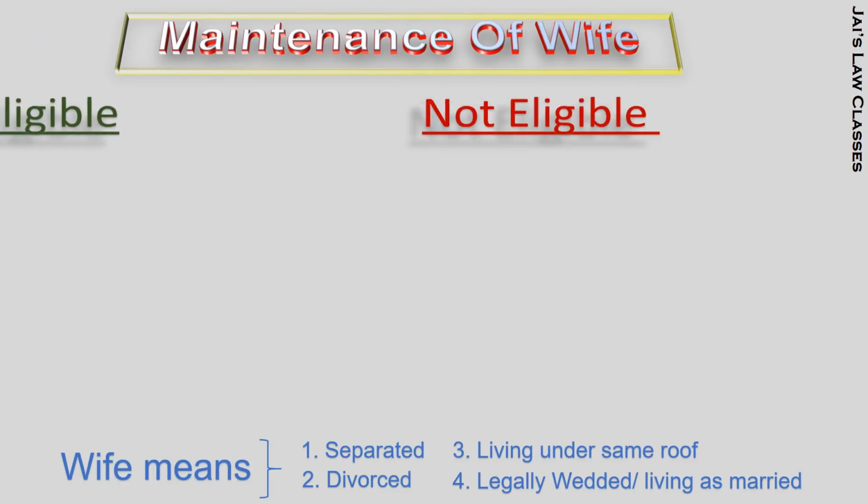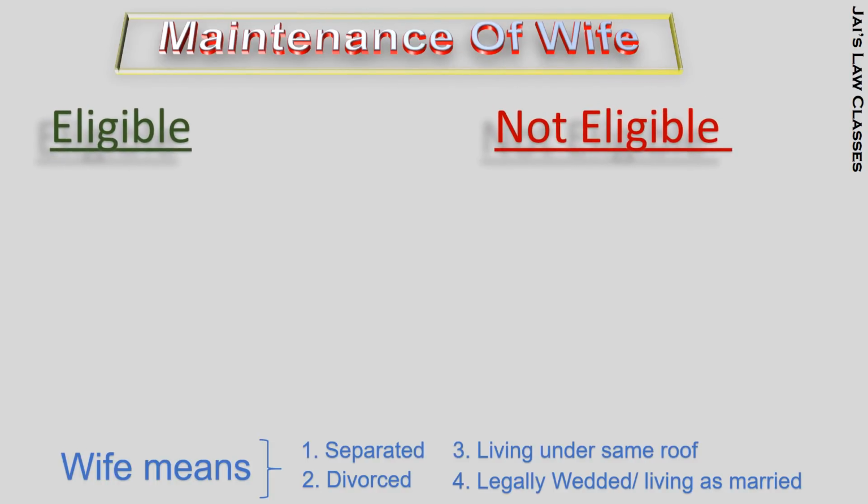Now let's see, in the eyes of law, who is eligible for maintenance. Number 1, she should be married. Number 2, living together as married. Live-in relationships are on the rise, but the law has taken care of those women as well, that they will be eligible for maintenance. I'm going to cover a separate video lecture on this.